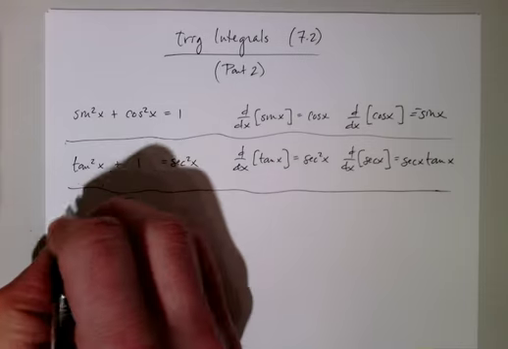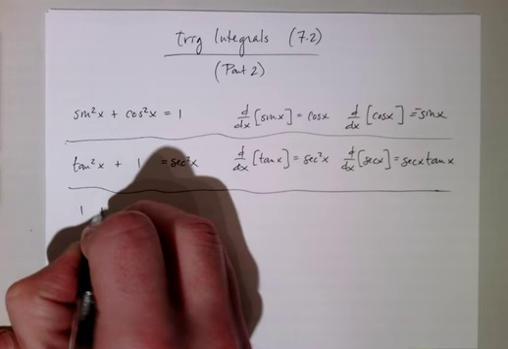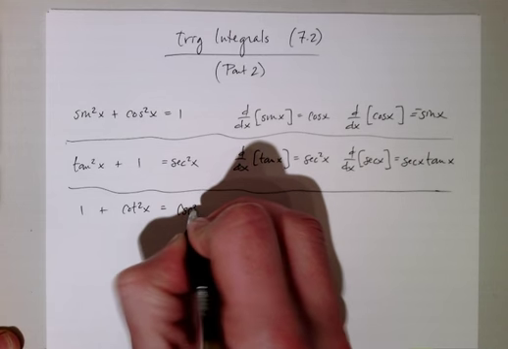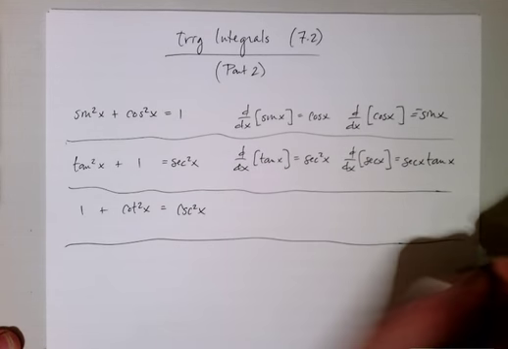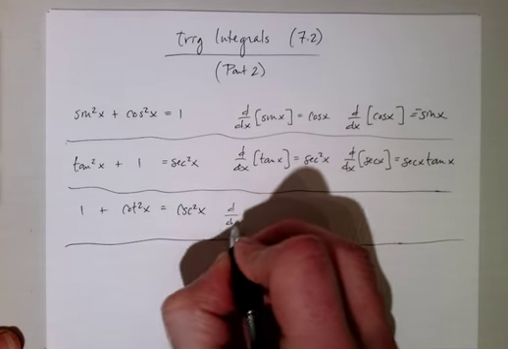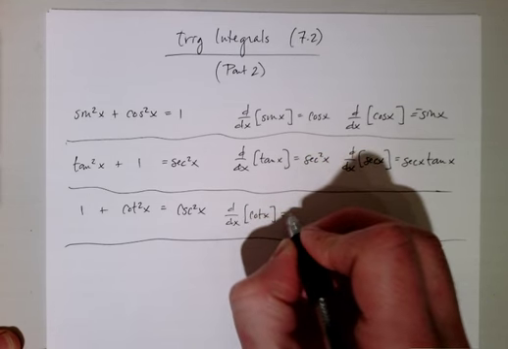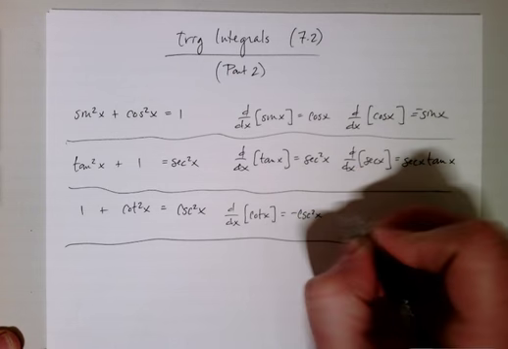We also know that when we're dealing with cotangent and cosecant, we have that same kind of relationship. The derivative of cotangent x is negative cosecant squared x.